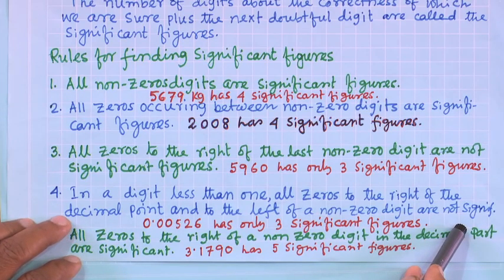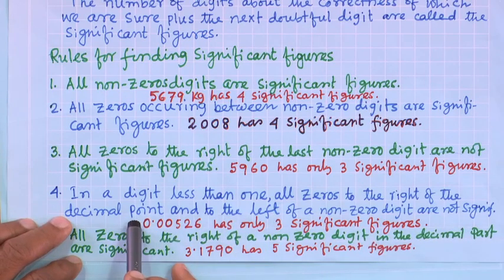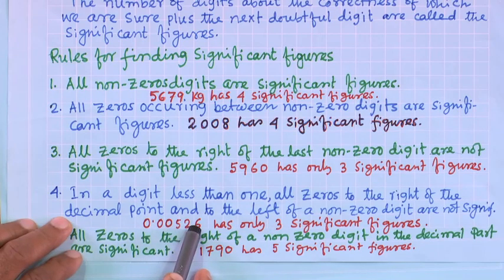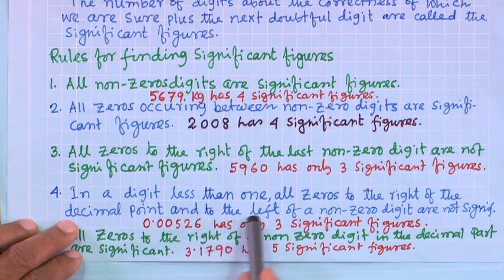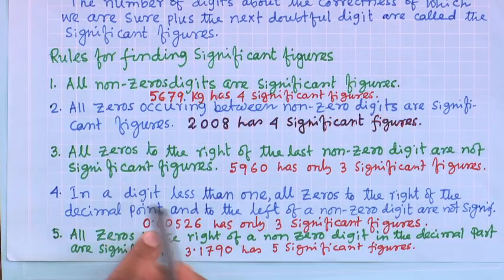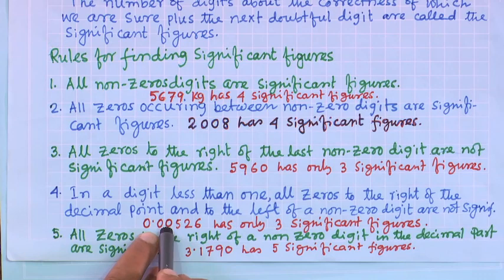What is it telling? Take the example 0.00526. Here the zeros to the left of a non-zero digit are not significant, since the number is less than 1. So here only 5, 2, 6 are significant.